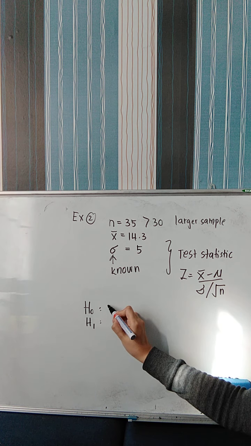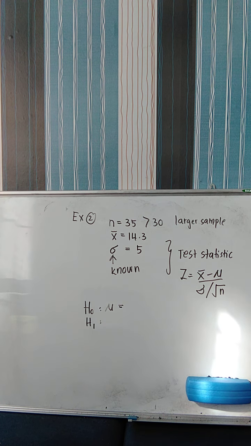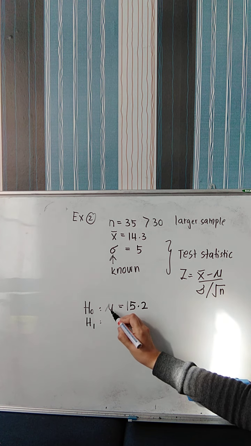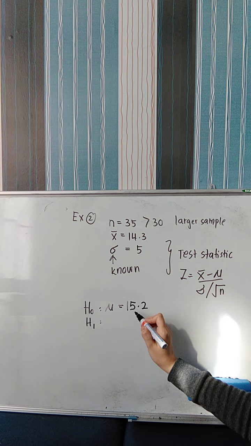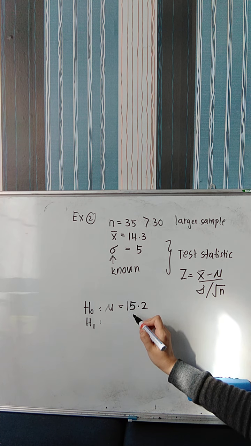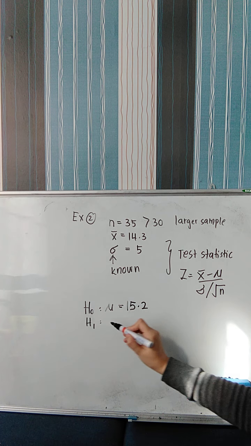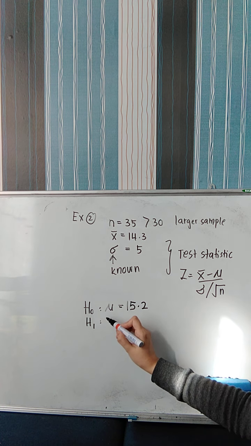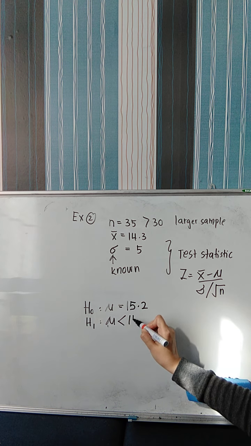So you state the mean for the average evening long distance call, which is 15.2, so mu equals 15.2, and has decreased means less than 15.2.